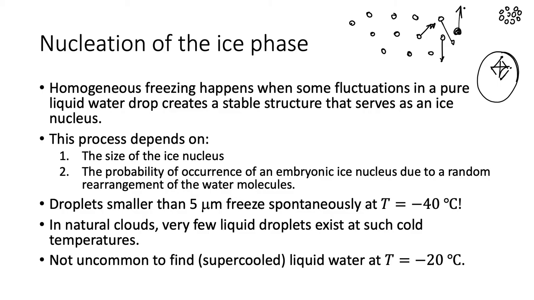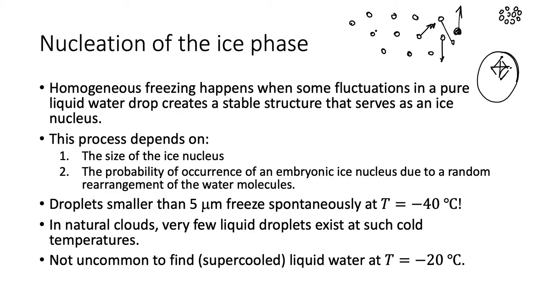In the case of homogeneous freezing, you don't have that, obviously, because we're assuming that we're in perfectly clean conditions. And so the chance of something like this happening are, well, they're pretty low, first of all, because molecules are moving around.